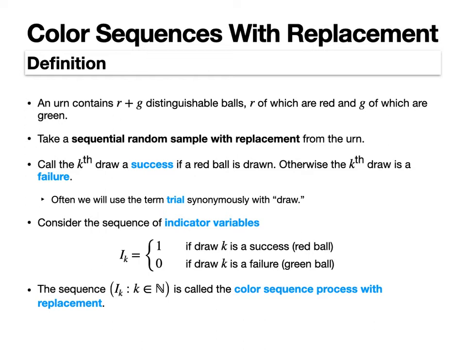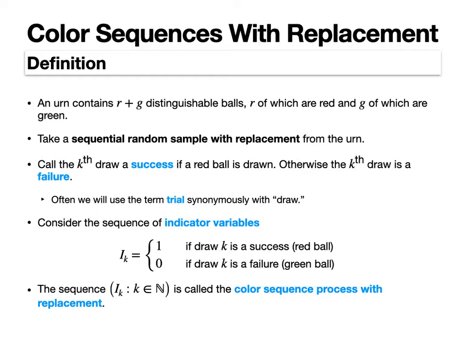And I'm going to encode the results of this process in this sequence of indicator variables you see here. So I sub k is the indicator variable for trial number k. And it's simply 1 if trial k was a success, that is, if a red ball was drawn, and it's 0 if trial k was a failure.